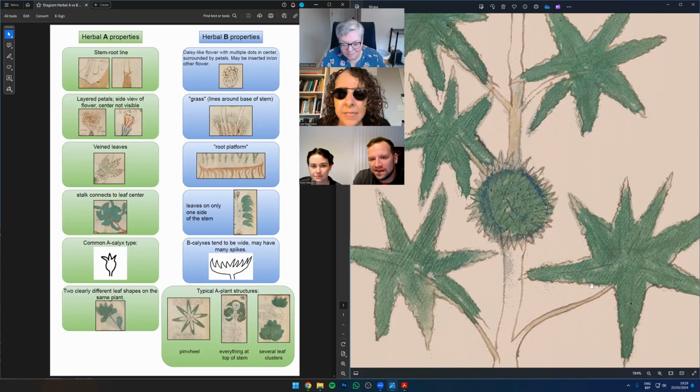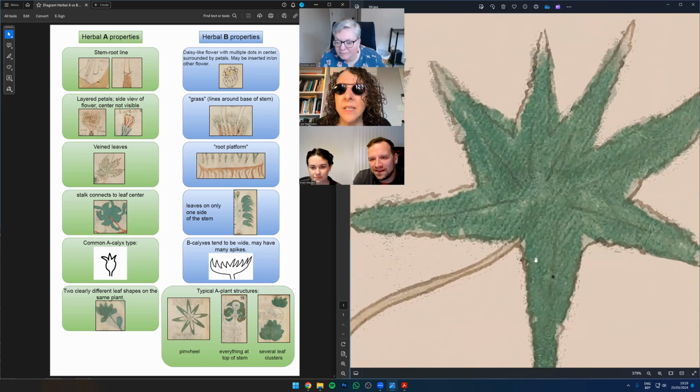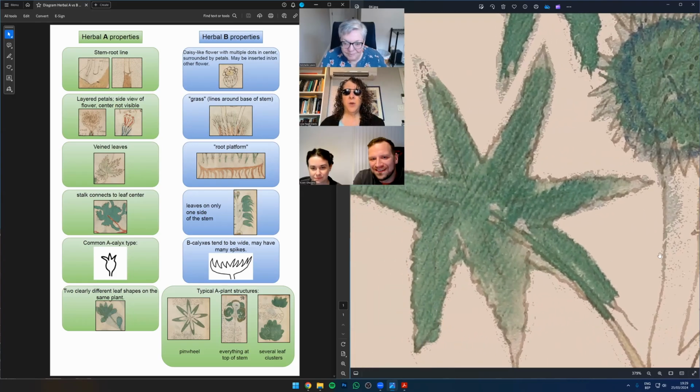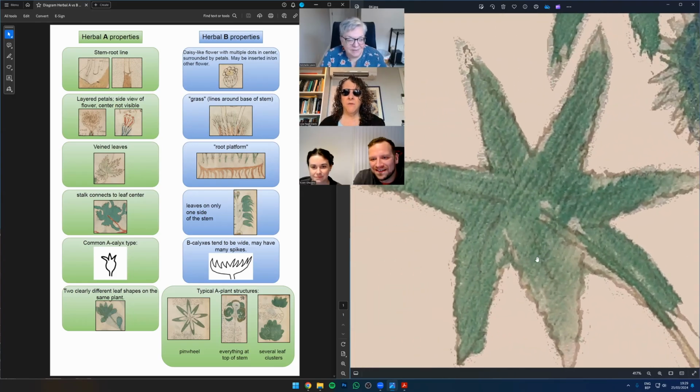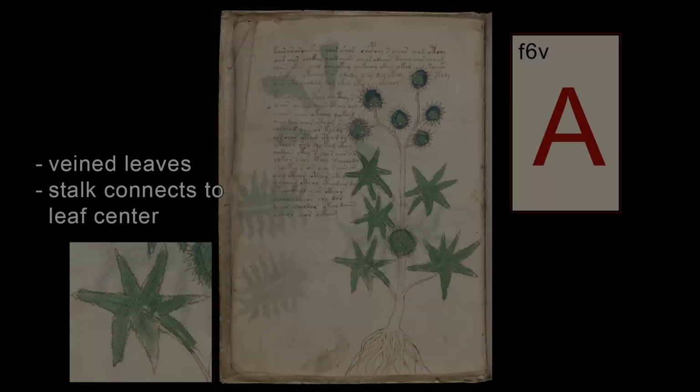I'm leaning in to zoom in. Can you zoom in more on those leaves? I think I'm going to go with A because of the veins. It does have veins on the leaf. And the stem bit is covered by paint, but you can see the stem going into the leaf center too.